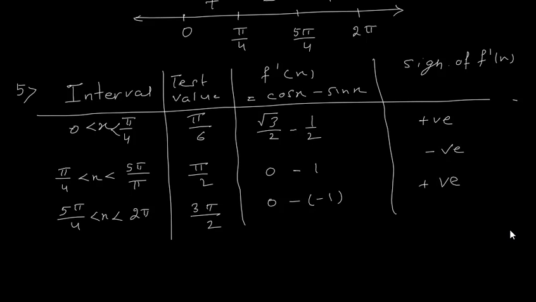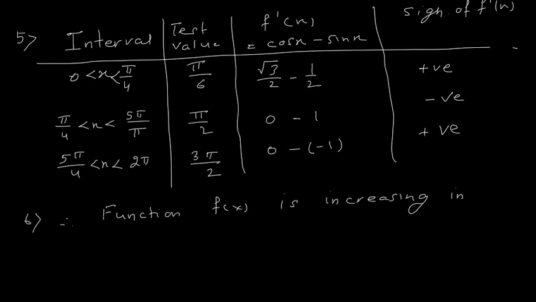So finally the conclusion, this is your sixth step: the function f x is increasing in 0 to pi by 4 and 5 pi by 4 to 2 pi.